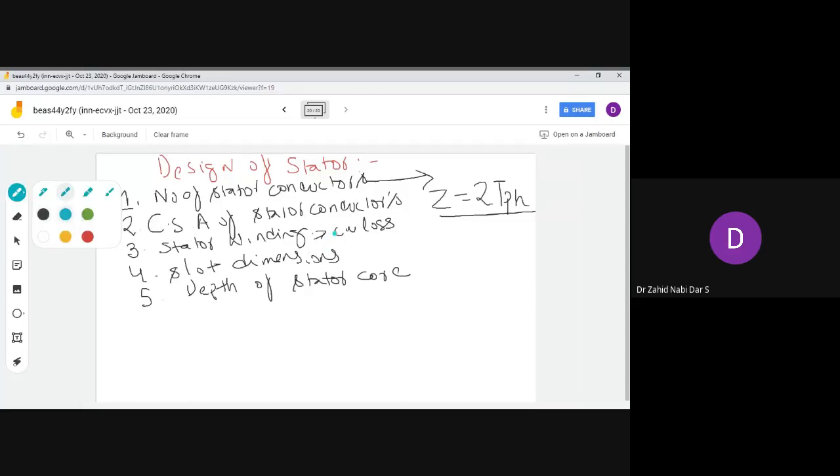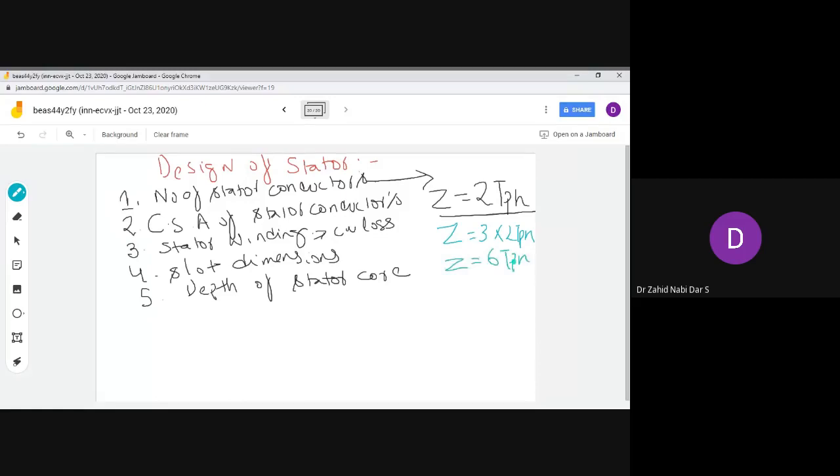Now, in the case of a 3-phase induction motor, because this will come for 3 phases, Z would be equal to 6 times T phase.